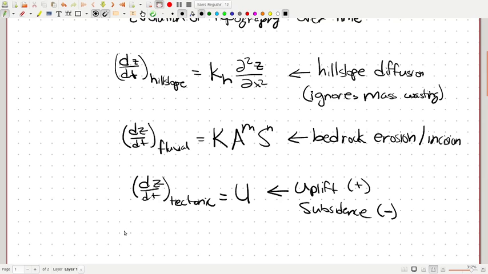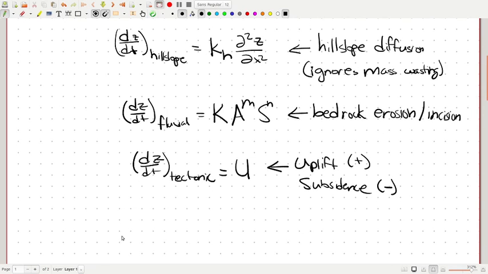So, with landscape evolution, we're going to do the simplest thing, the stupidest thing possible, but it's going to work. What we're going to do is to say that dz over dt of the landscape as a whole is just equal to dz over dt from hill slope processes plus dz over dt from the fluvial processes.